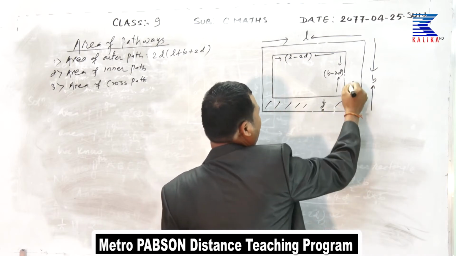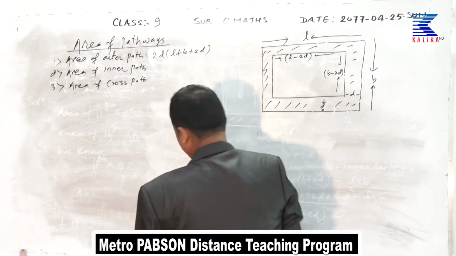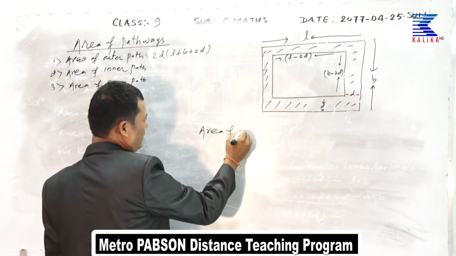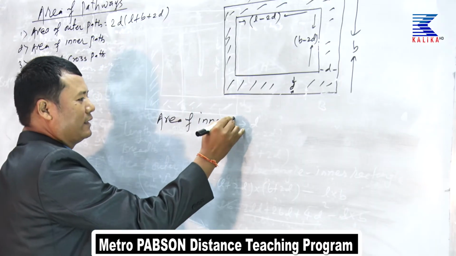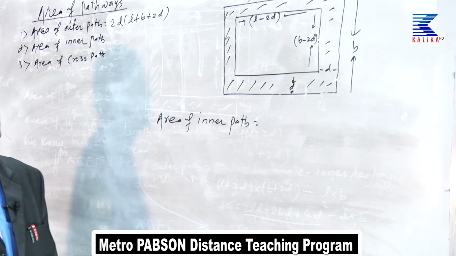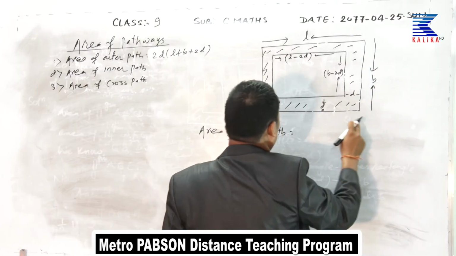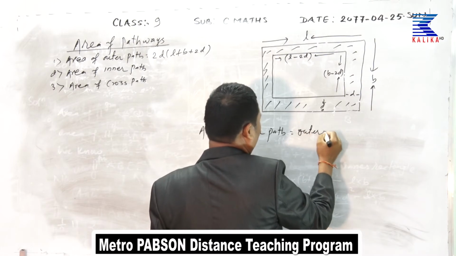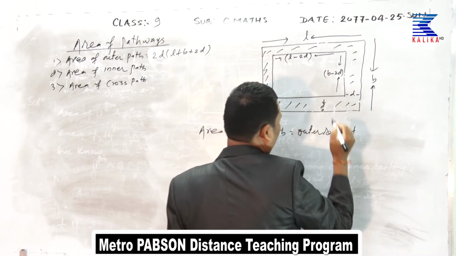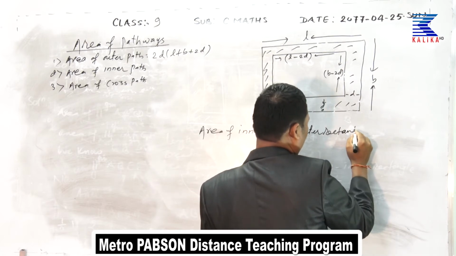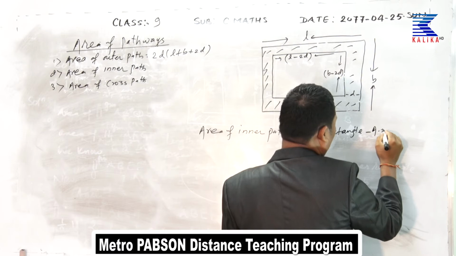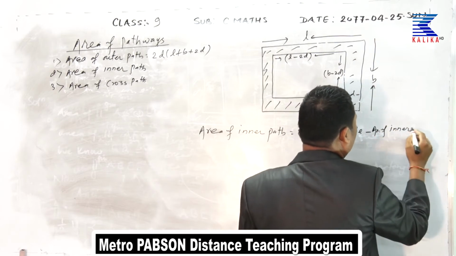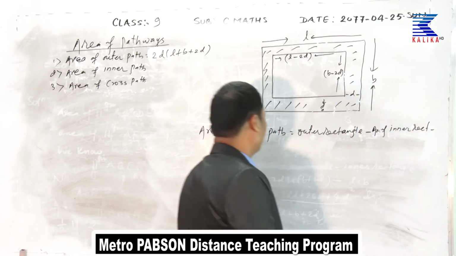Find the area of the inner path. The area of inner path is outer rectangle minus area of inner rectangle.